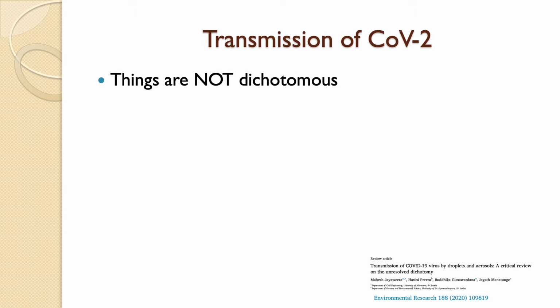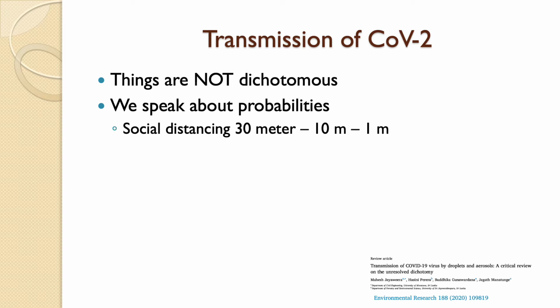So things are not really dichotomous. And we always speak about probabilities. And as you can imagine, if you have social distancing and you have 30 meters as social distancing, then it's very unlikely that you get contaminated by someone who has COVID-19.